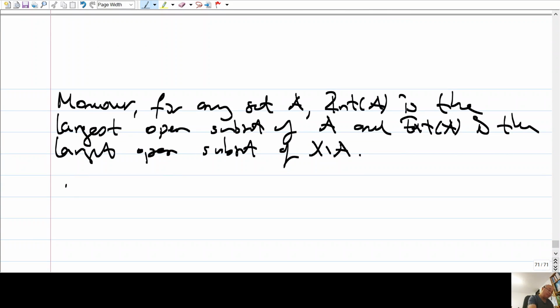Well, that's because of the following. Interior of A, remember, this was the union of balls like this, epsilon balls around x, x in A, right? Okay, x is in interior of A.